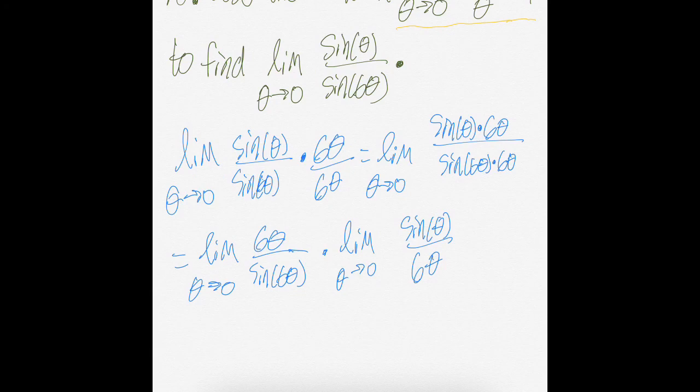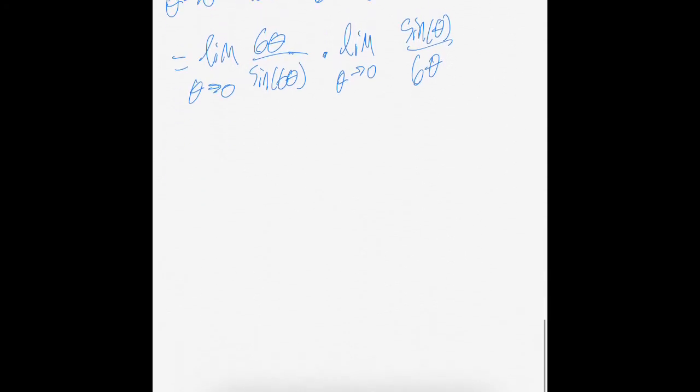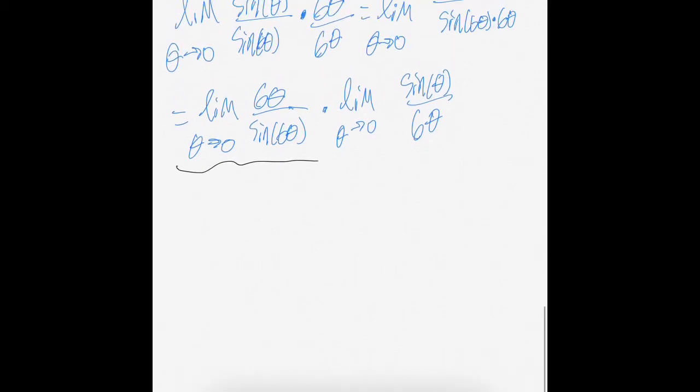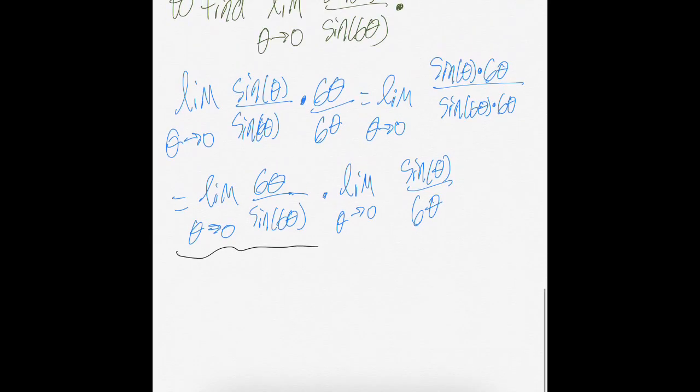All I've done is use the nice multiplicative properties of limits to split this up. And now let's consider each of these pieces in turn. Let's look at the left-hand piece first: the limit as theta approaches 0 of 6 theta over sine of 6 theta.